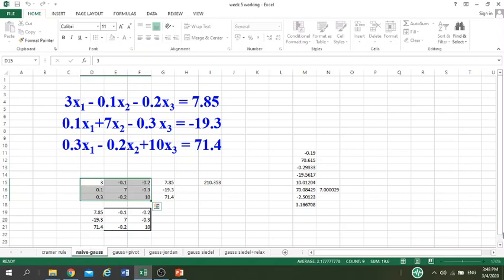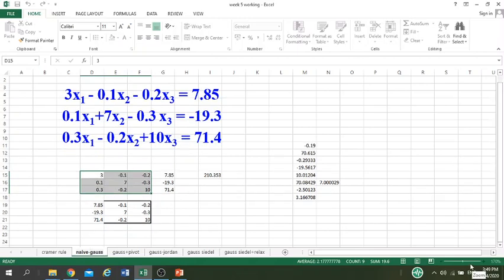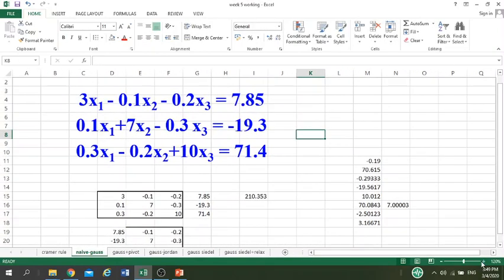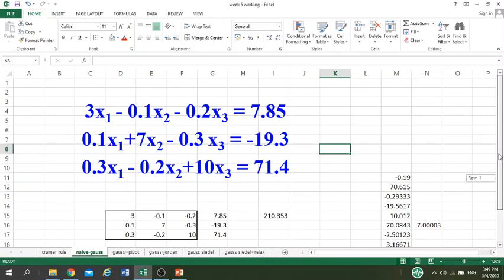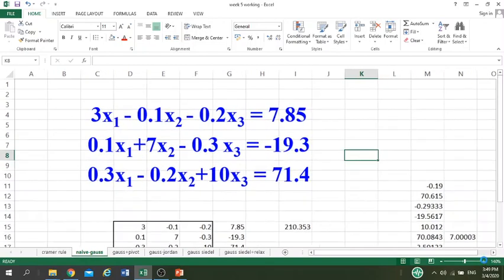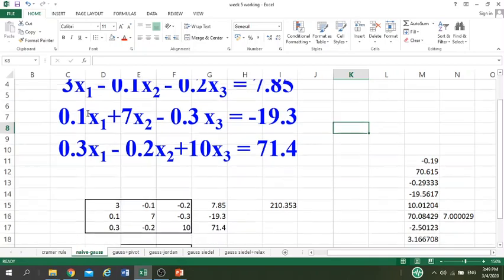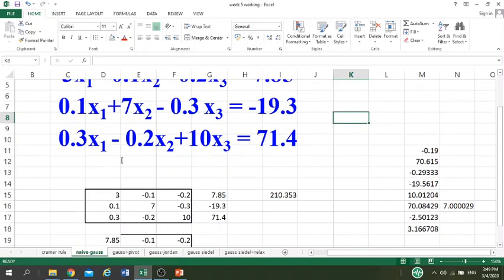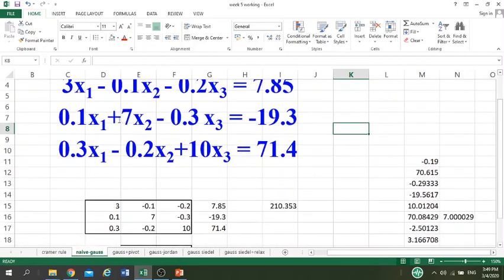I write down again the equations in the given problem. First of all, we have to convert these equations into matrix form.